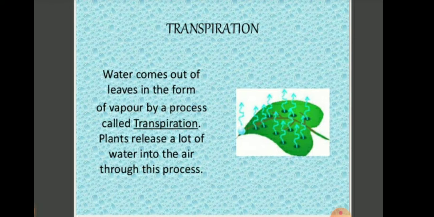What do we mean by transpiration, children? Transpiration means that water comes out of the leaves in the form of vapor, and the plants release a lot of water into the air through this process.